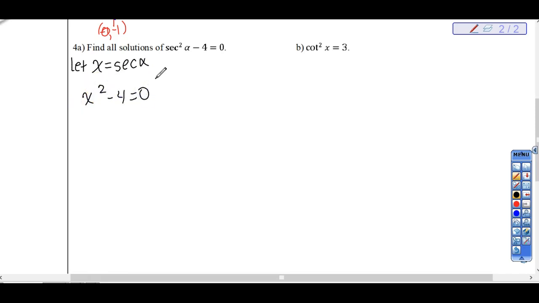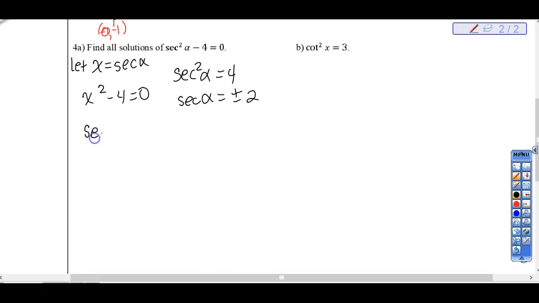And think about what strategy you would use to solve that and use that strategy. How many of you want to add 4 and square root? Right? So I would say, okay, so secant squared alpha equals 4. I added 4, right? Square root. So that would be secant of alpha equals plus or minus 2, right? Square root of 4, that's 2.